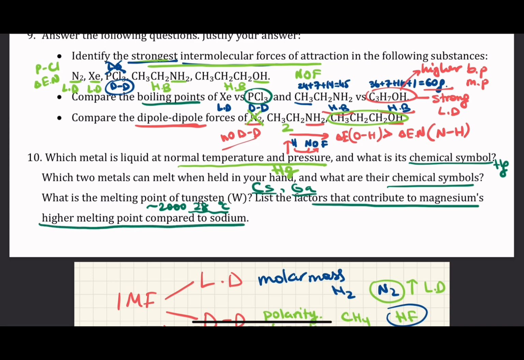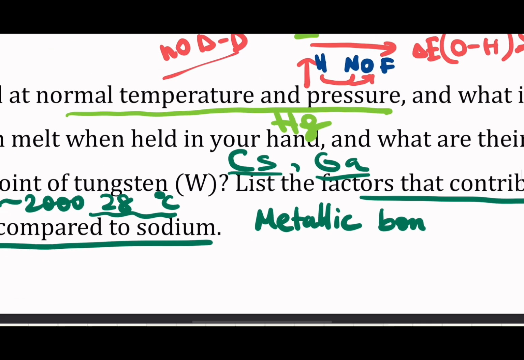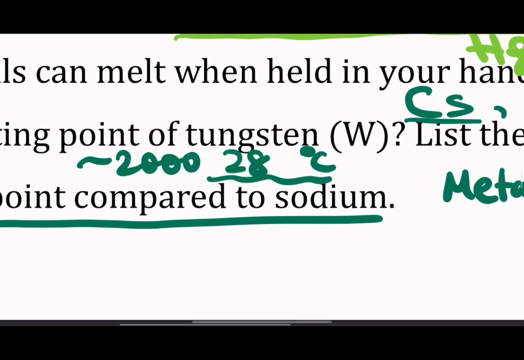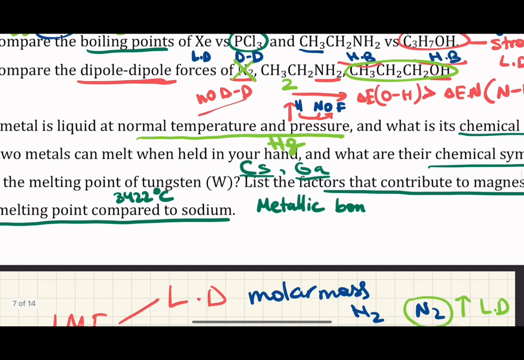Now that is a good question. If you guys remember, that is metallic bonding. I'm sorry, I mixed it up with another metal. So the tungsten melting point is 3,422 degrees Celsius.